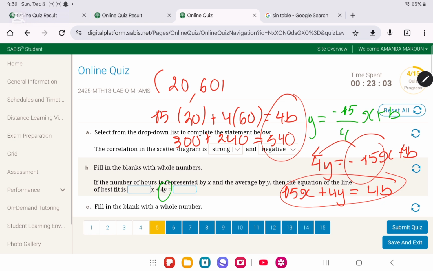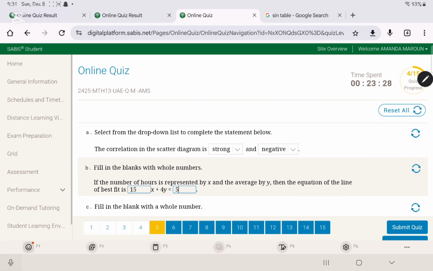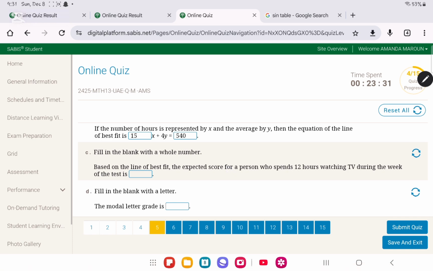We do not simplify it because they want it like this. Now, when do we simplify it? We simplify it when they want y as 1. So it's 1y. When they tell you 1 is y, then yes, you simplify it. But in this case, no, they want it as 4y, so we're going to keep it like this. So to substitute it, we're going to put 15 over here and 540 over here.